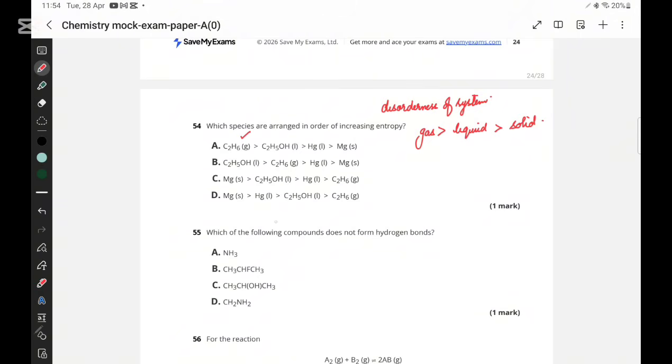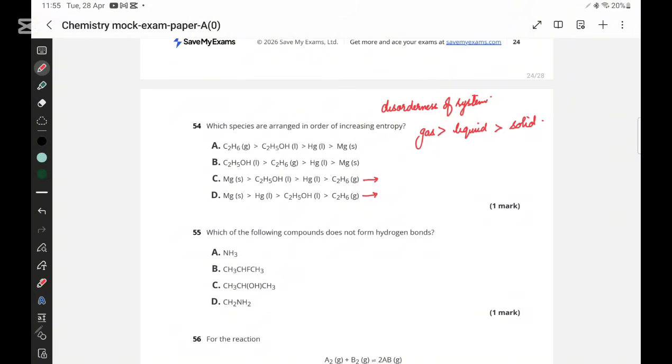For increasing entropy we have two options. Increasing entropy means we need to choose the increasing part, with the largest entropy on the right hand side. So it is having the largest entropy in the gas state, which is on the right side.